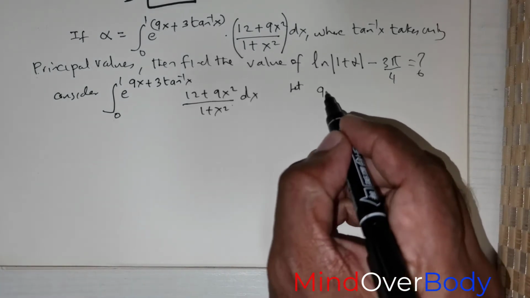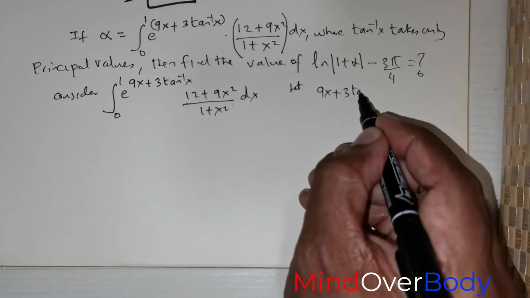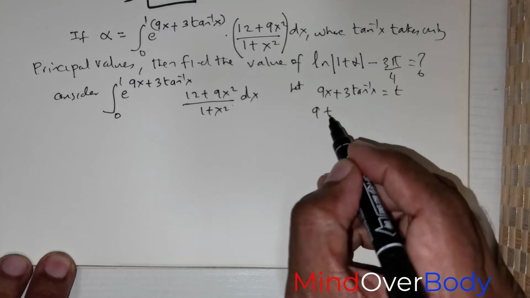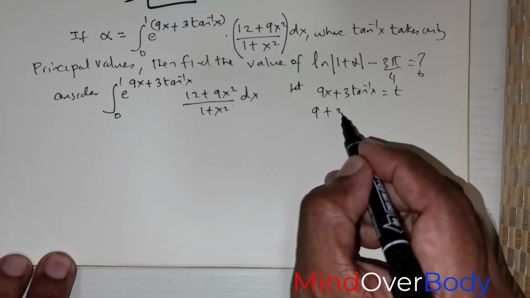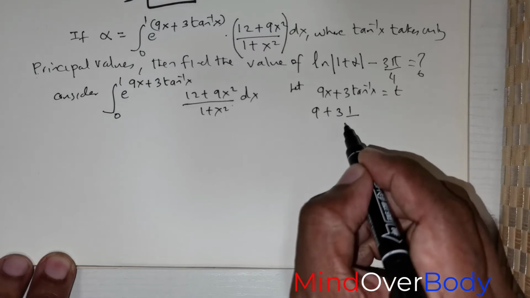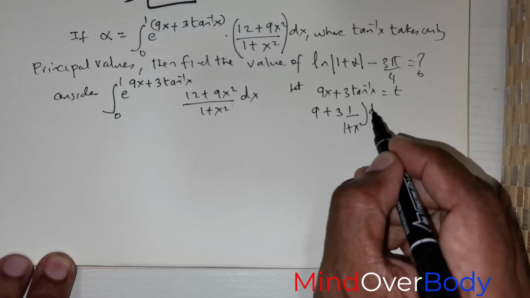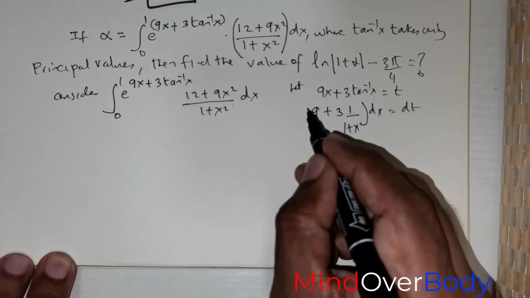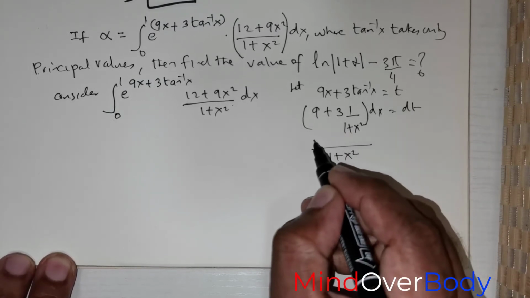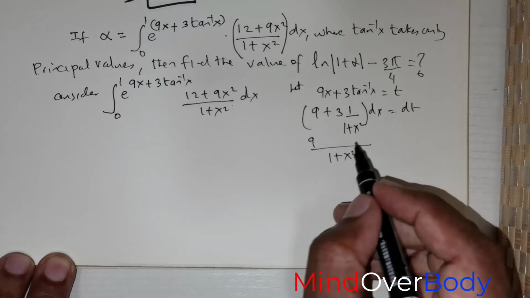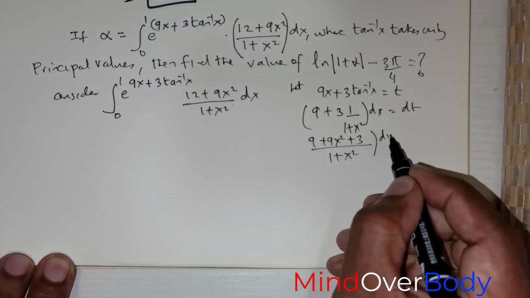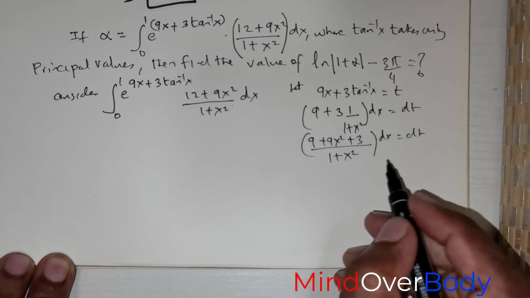Let 9x positive 3 times tan inverse of x be equal to t. I differentiate this, I get 9 positive 3 times differential of tan inverse of x, which is 1 over 1 positive x squared times dx. This is equal to dt. I take the LCM as 1 positive x squared. I would get 9 positive 9 times x squared positive 3 times dx is equal to dt.